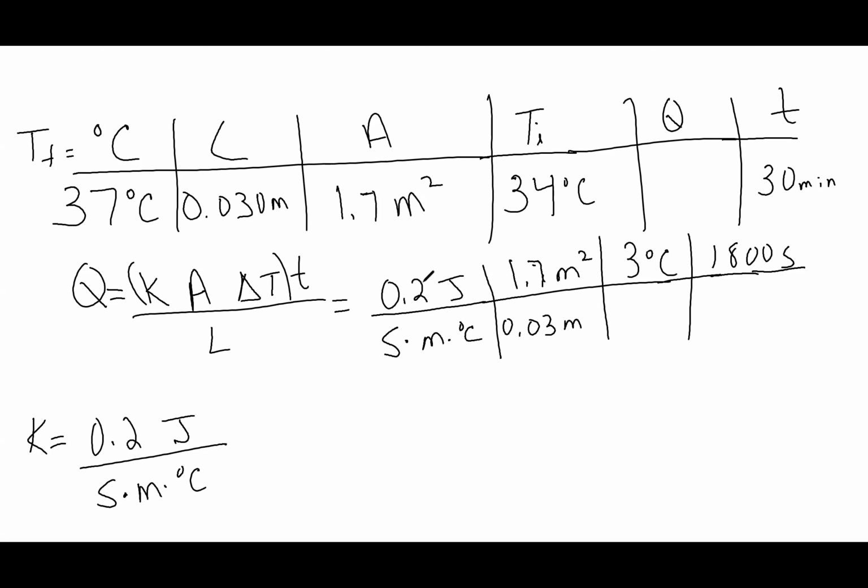And sure enough, meter times meter would be meter squared, so that's going to cancel out. And we have seconds and seconds, that's going to cancel out. And degrees Celsius and degrees Celsius is going to cancel out. So before we even do the math, we have a pretty good assurance that the problem is going to be correct because we have the correct units.